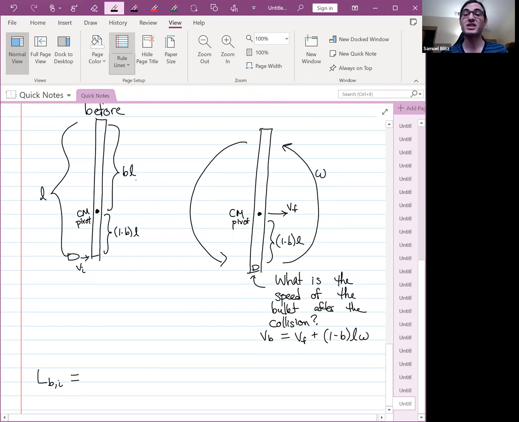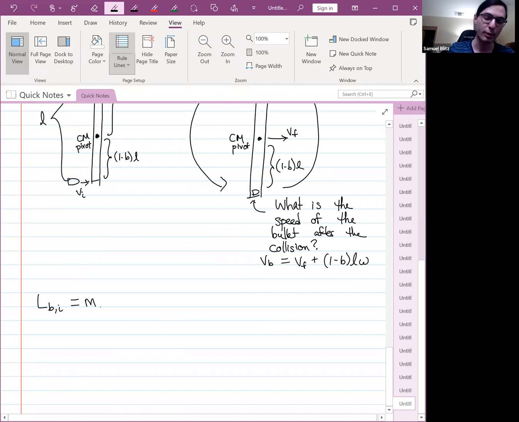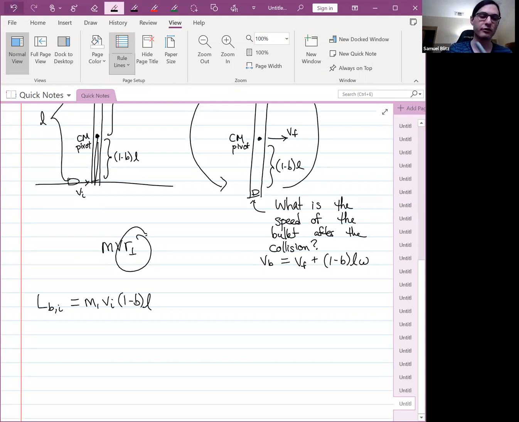So the distance that we multiply our momentum by, the r in r cross p, is this distance here, the distance from the pivot point. So here, the initial angular momentum of the bullet is m1 vi times (1 minus b) L. Remember that this is m v r perpendicular, right? R perpendicular is the distance from the pivot point to the line formed by the velocity vector. So that's what I'm writing here.